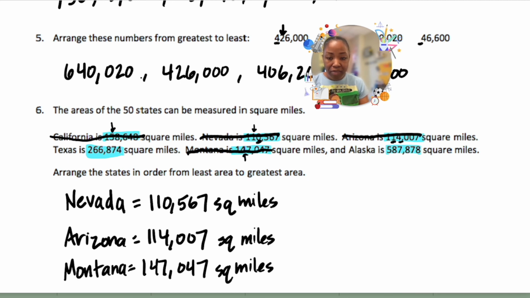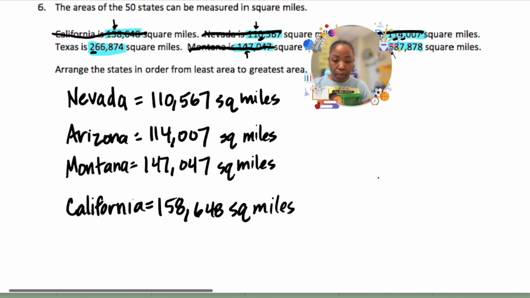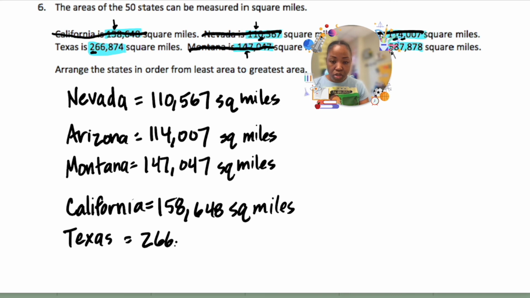Okay, next up we have Texas and we have Alaska. Well, Texas is 200,000 and Alaska is 500,000. 2 is smaller than 5. So that would be Texas with the next least, 266,874 square miles.